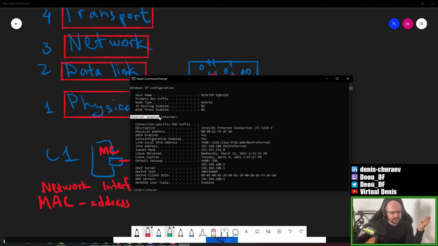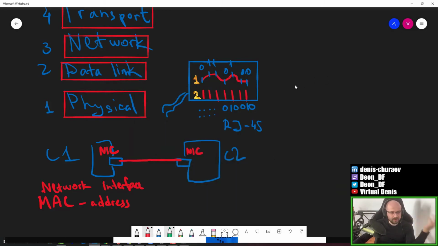So Ethernet adapter is my network interface card. And this is the physical address, which looks like pairs of letters and numbers in the hexadecimal system with dashes in between. So another computer on the network will not have this number. And this is how the switches and other network devices know that there are different computers, and each of them has a specific manufacturer ID, basically, or physical ID.